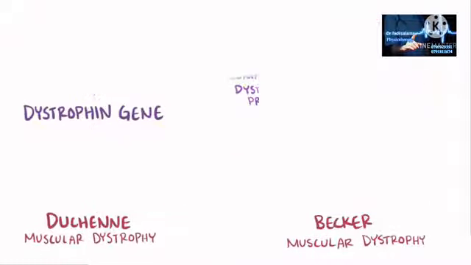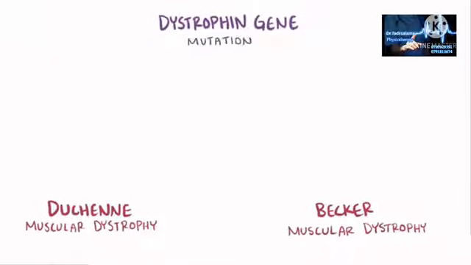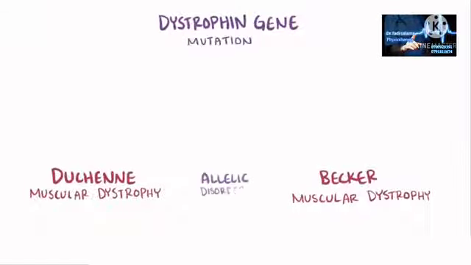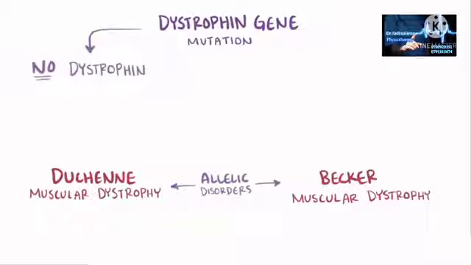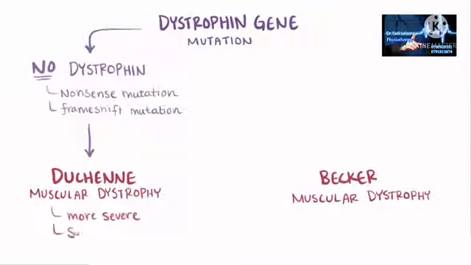Now, the fact that both Duchenne and Becker muscular dystrophy result from mutations in the same dystrophin gene means that they're allelic disorders. And when a mutation happens in dystrophin that's severe enough to result in no protein at all, for example a nonsense or a frameshift mutation, the result is Duchenne muscular dystrophy, which ends up being the more severe of the two, with symptoms usually presenting by age 5.